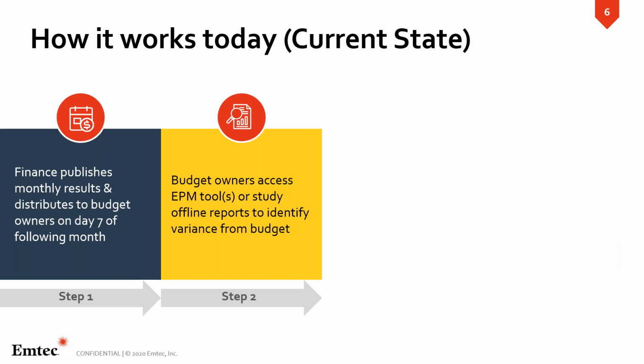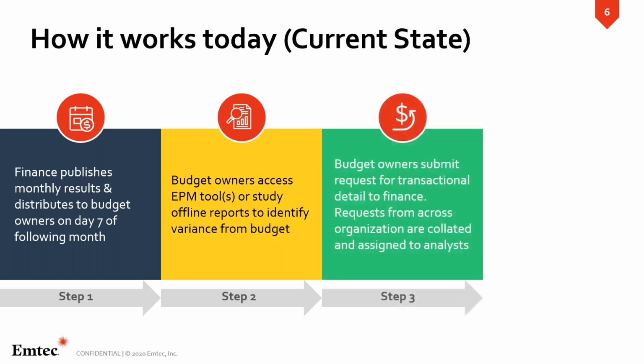Now, in a lot of cases, those numbers can be provided to the department managers alongside the actual results, but someone is still having to access a separate EPM system to gather the budget numbers, collate them alongside the actual results for the prior month, and then publish those out either manually or electronically to the various budget owners.